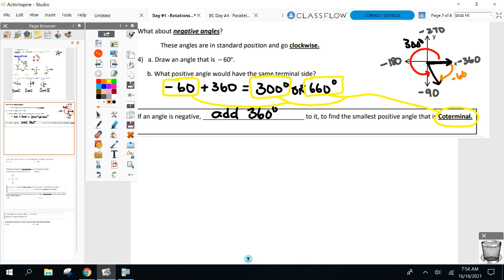Basically, add or subtract 360. That's what we're doing. Huge word right there, coterminal. The same exact angle, just going in the opposite direction. Questions?